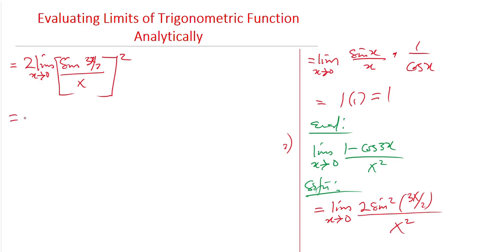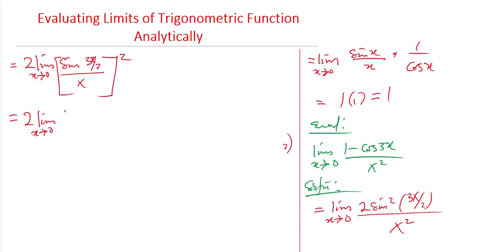And this will give us 2 multiply the limit as x approaches 0 of, we want to rewrite this to the standard form so that we can have in the denominator 3x over 2, and to do that we just multiply by the coefficient of x here, which is 3 over 2.